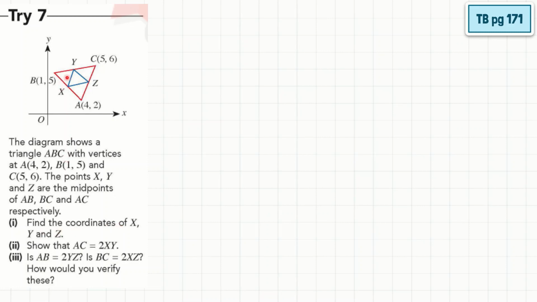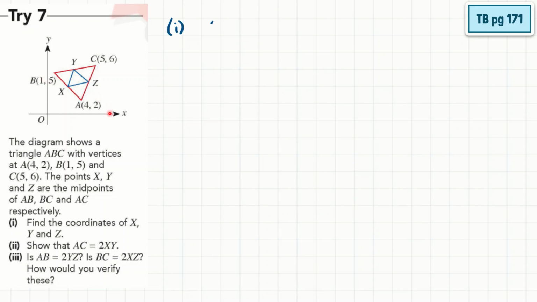So we need to individually find out the coordinates. Let's begin with looking for the coordinates of X. Because X is the midpoint of AB, we make use of the coordinates of A and B. By applying the formula that we have just learned, the x coordinate of X will be the average of the x coordinates and the y coordinate will be the average of the y coordinates.